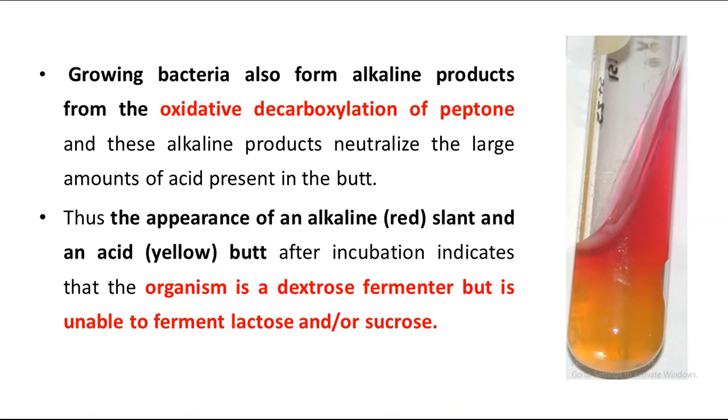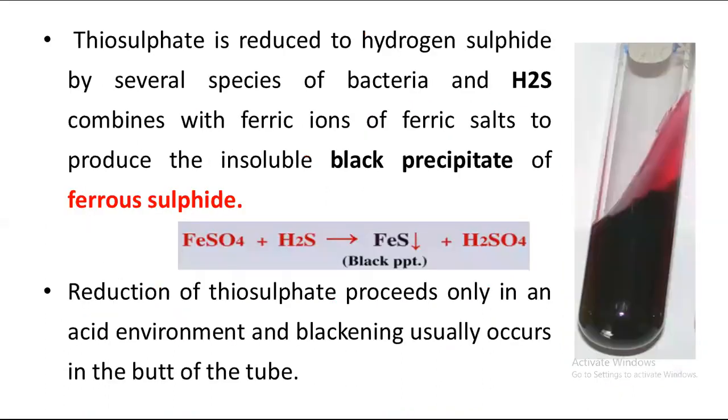So the appearance of an alkaline red slant and an acid yellow butt after incubation indicates that the organism is a dextrose fermenter, but is unable to ferment lactose and or sucrose. So this is the text form and I have explained it. And if we get such a result, what does this mean? This black color means that the thiosulphate is reduced to hydrogen sulfide.